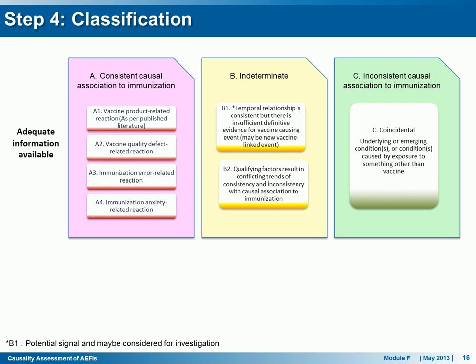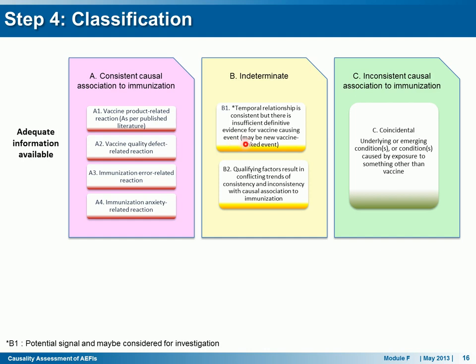Now, in between these two categories of consistent and inconsistent, we have this category which is indeterminate. The indeterminate category is of two types. One, it could be where the temporal relationship is consistent, but there is insufficient definitive evidence for the vaccine causing the event.